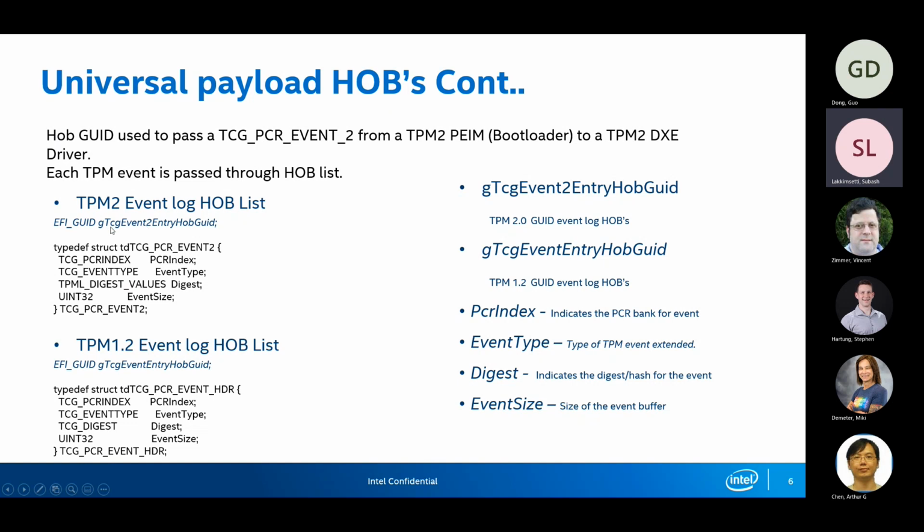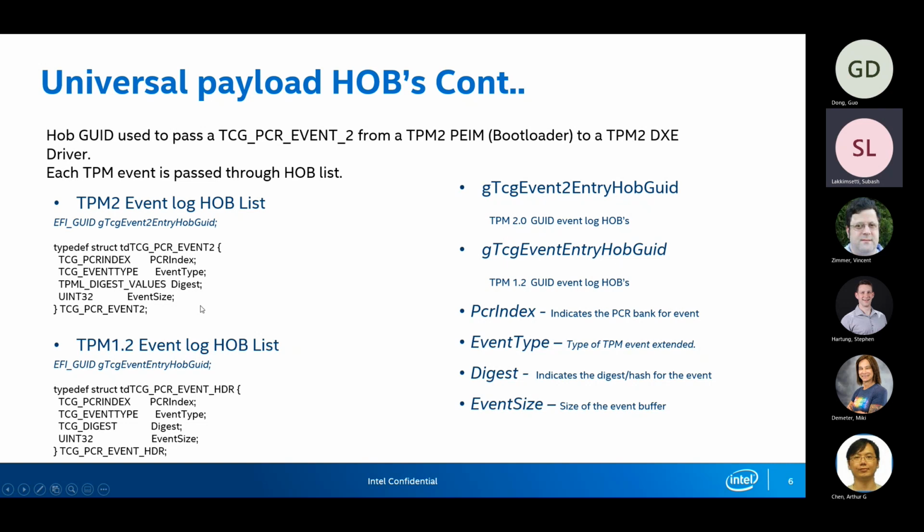For each event, for example, if the bootloader is passing 5 events, there will be 5 hops, as per TPM 1.2 or TPM 2. These are the hops we are creating, like the GTCG event 2 hop.